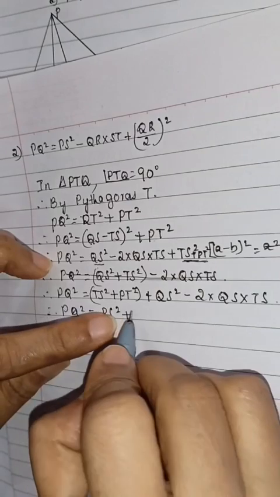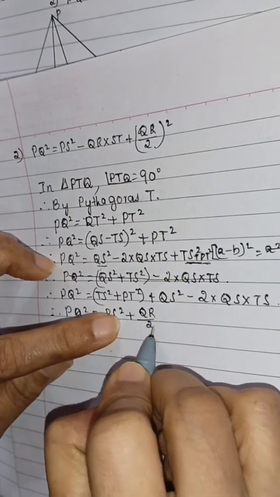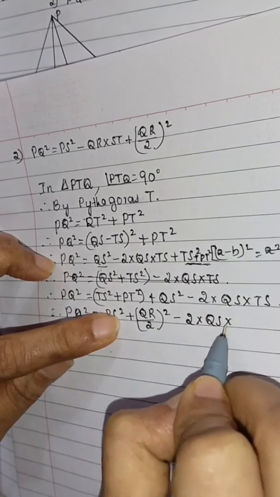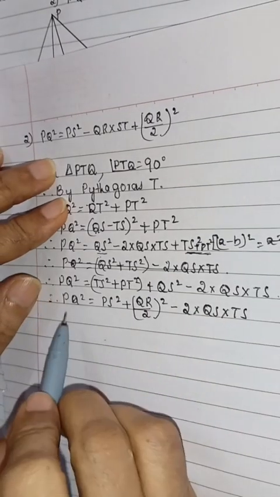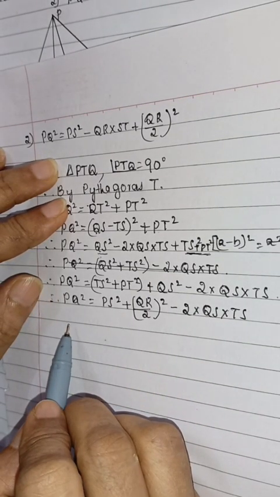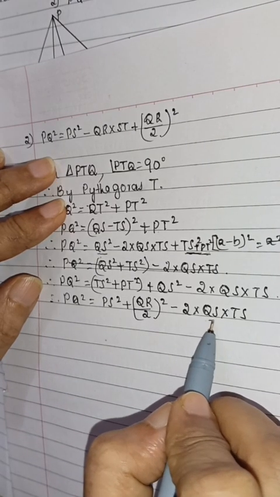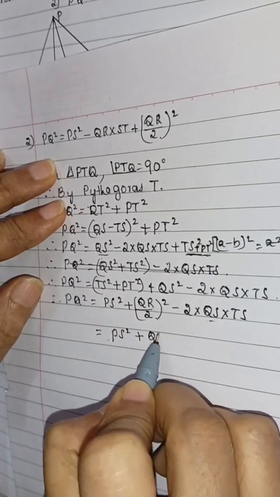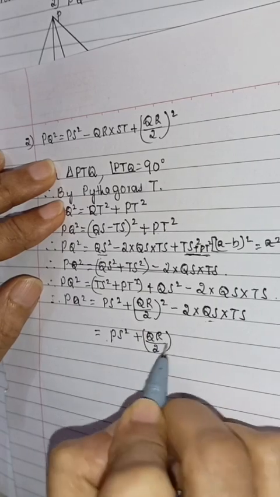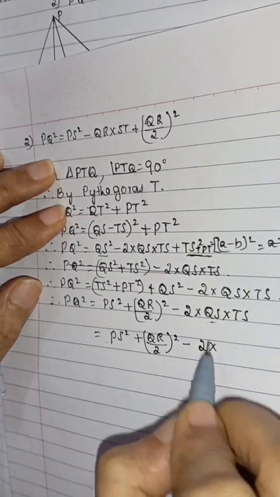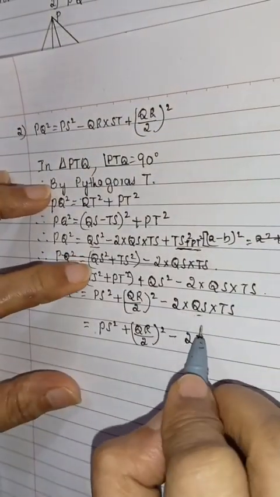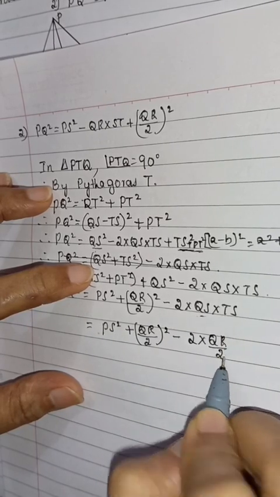So QR by 2 whole square minus 2 into QS into TS, where QS is QR by 2.